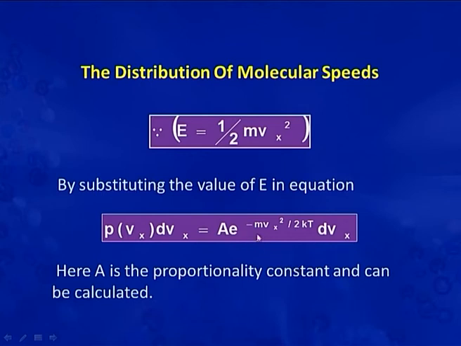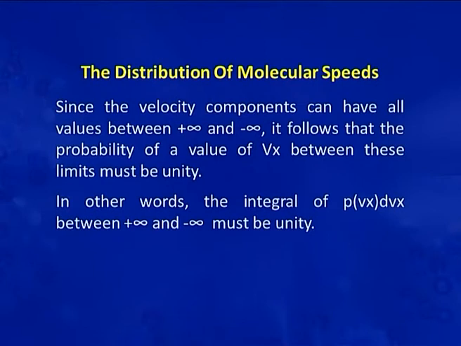As I told you before, A is the proportionality constant here and we can calculate it right now. Since the velocity component can have all values between plus infinity and minus infinity, it follows that the probability of a value of Vx between these limits must be unity. In other words, the integral of P(Vx) dVx between minus infinity and plus infinity must be unity.